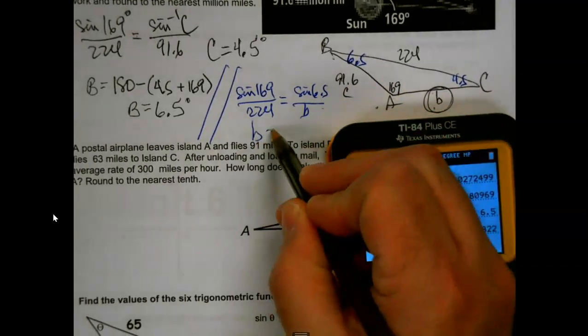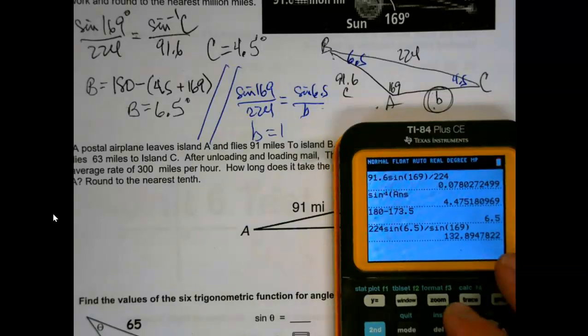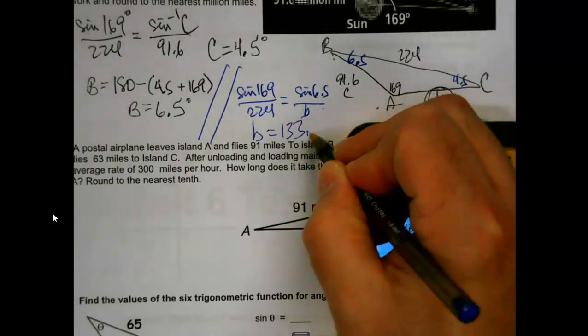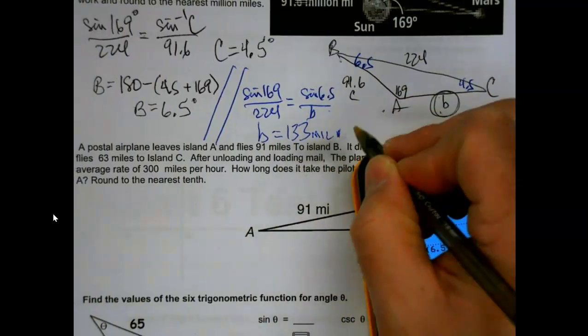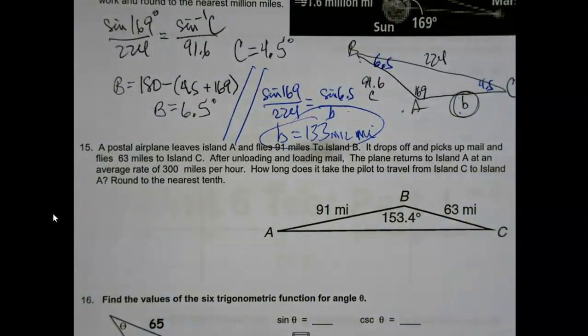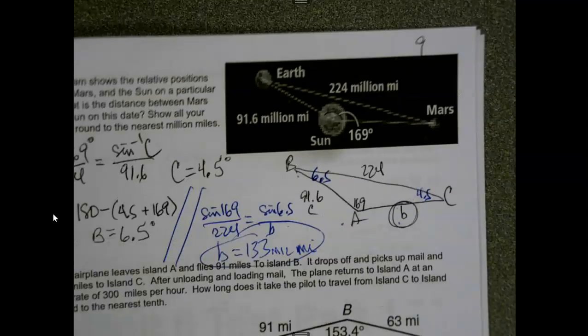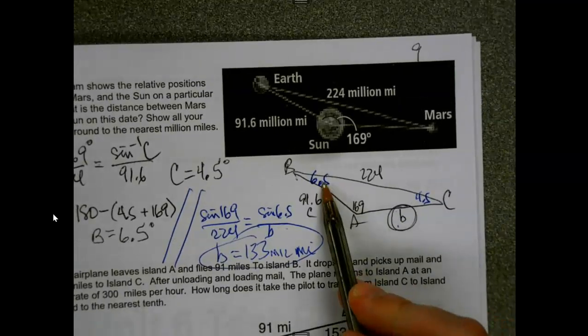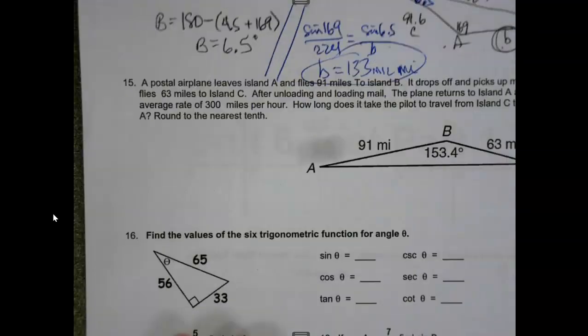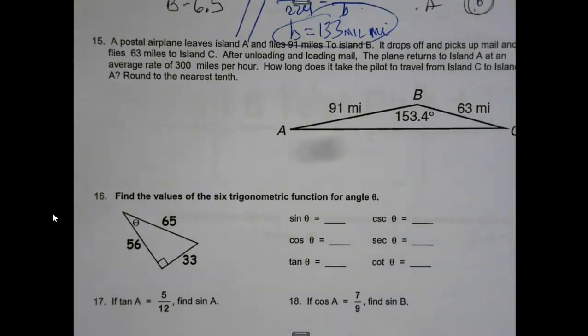So B, and it says round to the nearest whole million miles, so we'd have 133 million miles. Which again, is that reasonable? Well, B is the second largest angle, and now looking at this, B is the second largest side. So yeah, I'd say that's definitely going to work.